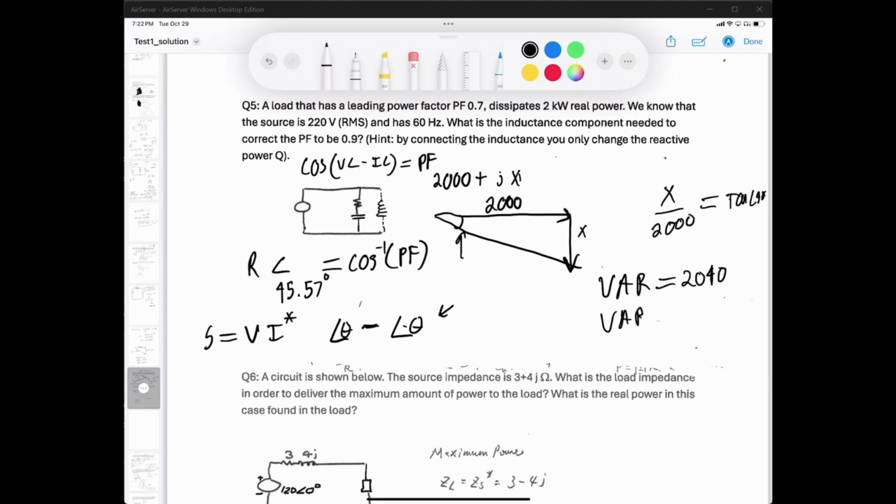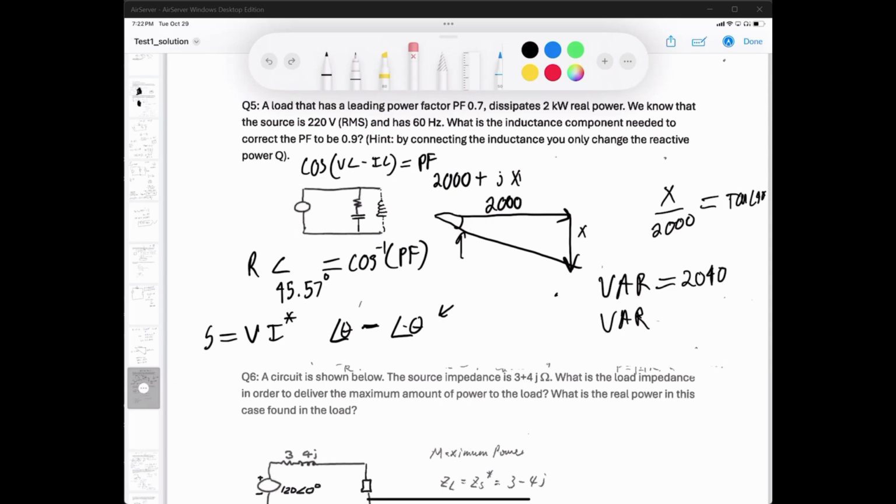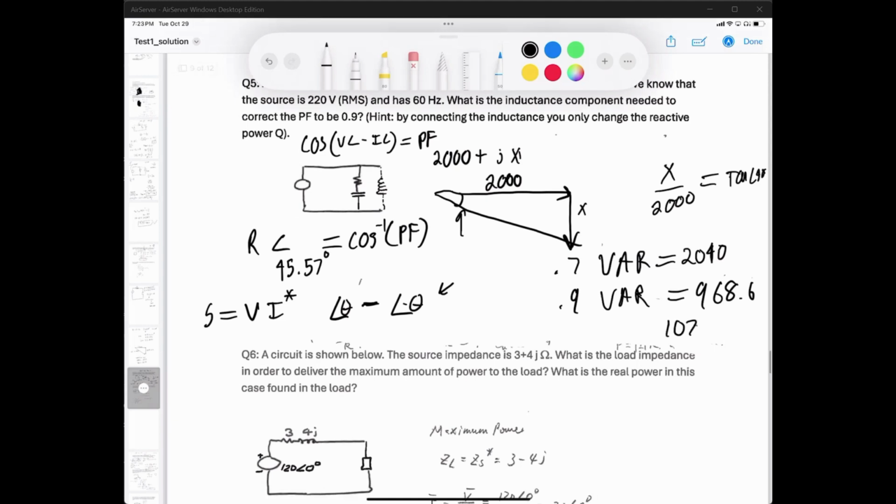This is for 0.7, and this is for 0.9, and this is equal to 968.6, and the difference between them is 1071, right? That is the reactance that we want.